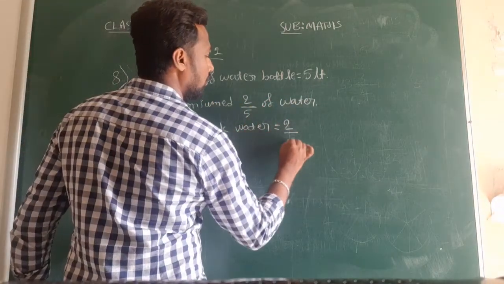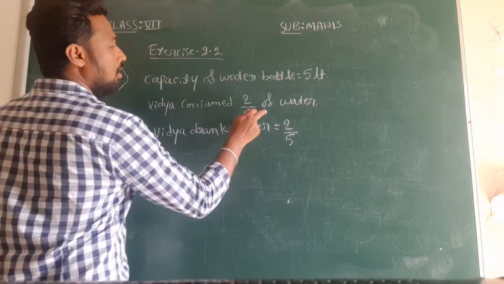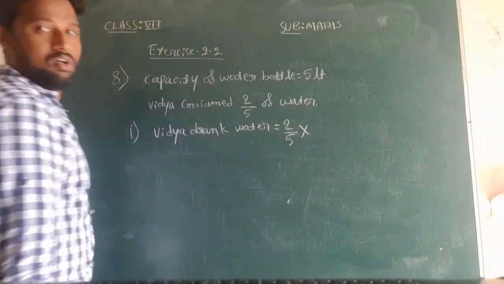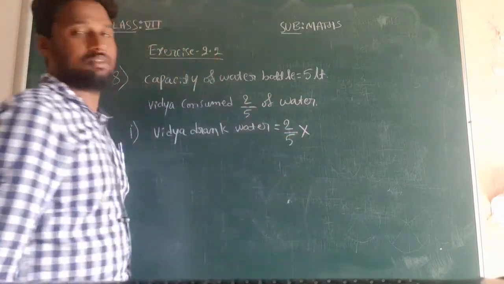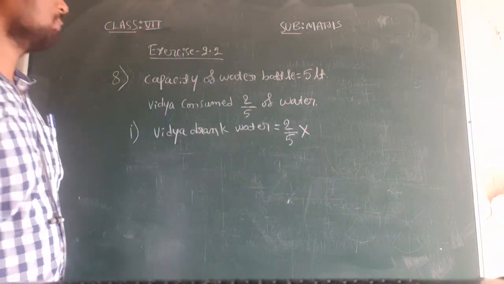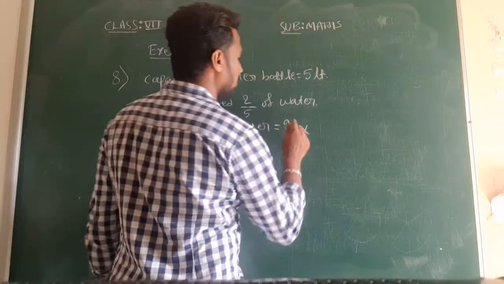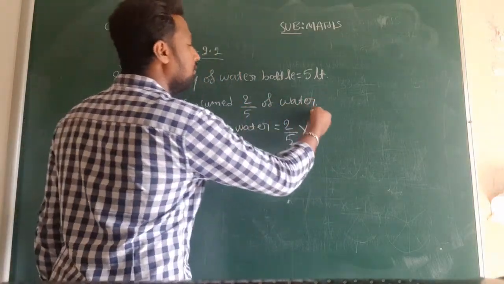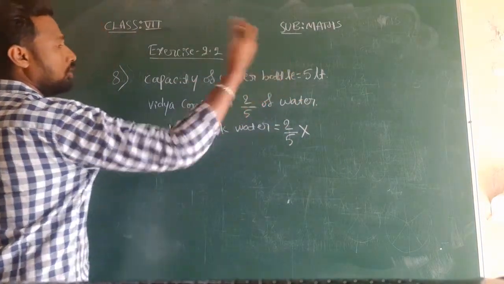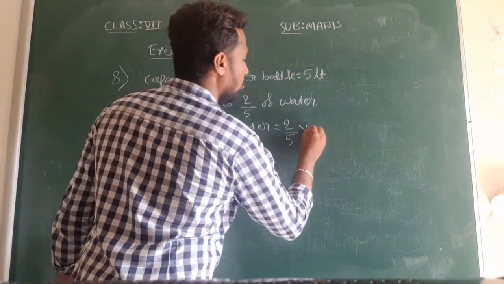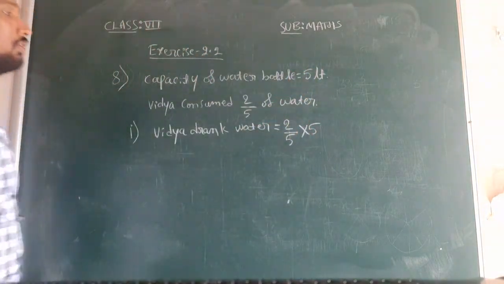Of means multiplication. Already you know what it indicates: the of operator indicates multiplication. So 2 by 5 into 2 by 5 of water. Total how much water is there? The capacity of the water bottle is given as 5 liters. So 2 by 5 of 5 liters.